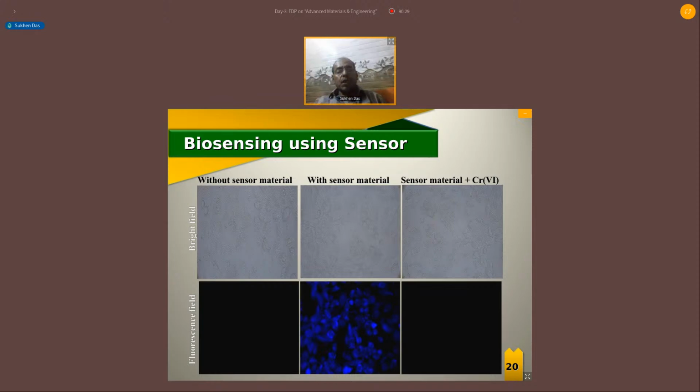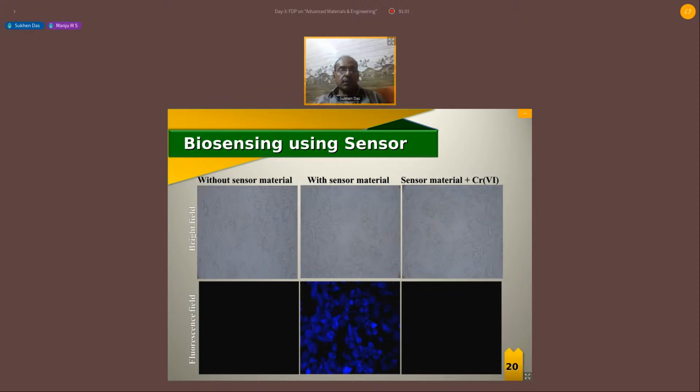Whenever they come in contact with chromium, the fluorescence property will be directed in another pathway, so the fluorescence property will go. Whenever we remove it from the chromium-containing water, then again only boehmite and gamma acacia will be there because it is embedded in the matrix of the PVDF.